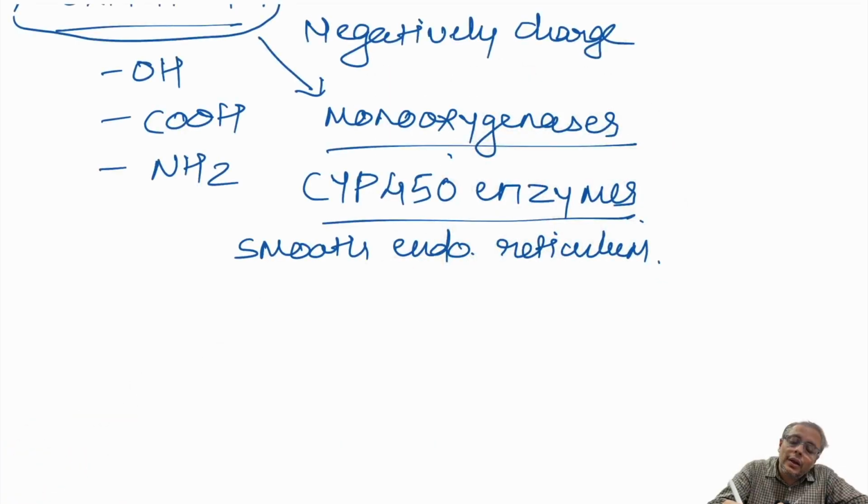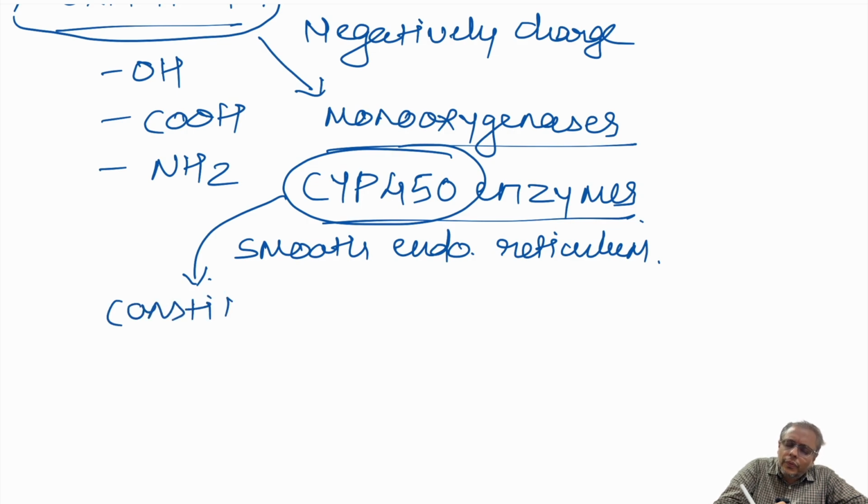The reason is that these cytochrome P450 enzymes start developing at the prenatal age, and then this development continues till the adult age and even further, and there is a significant variation in the number as well as the activity of this CYP450 enzyme, and that's why there are differences in the metabolism of the drugs.